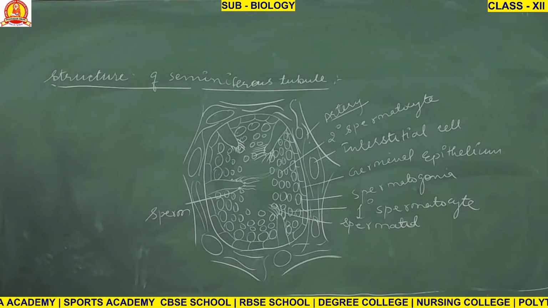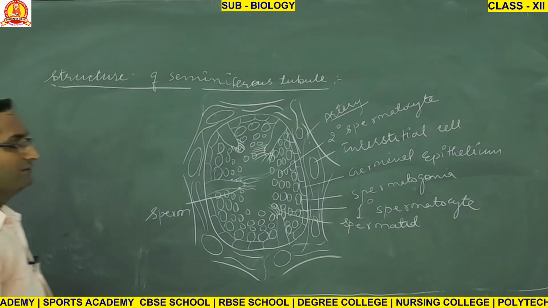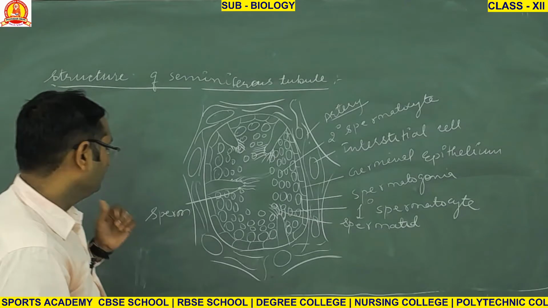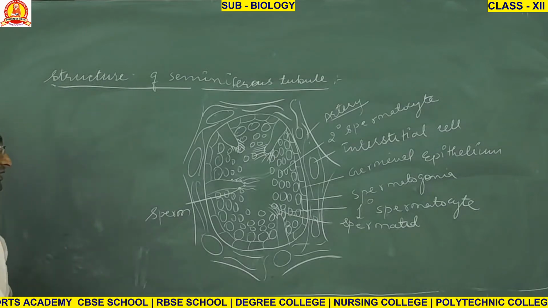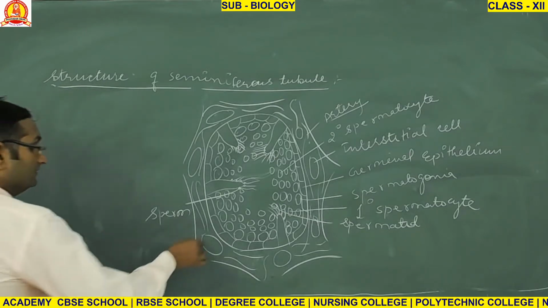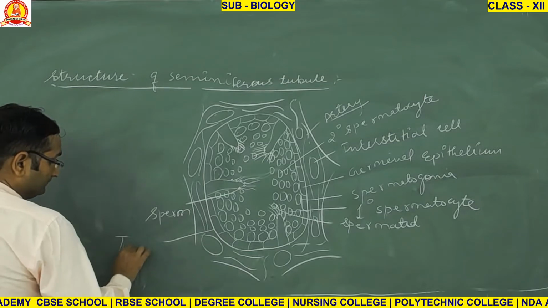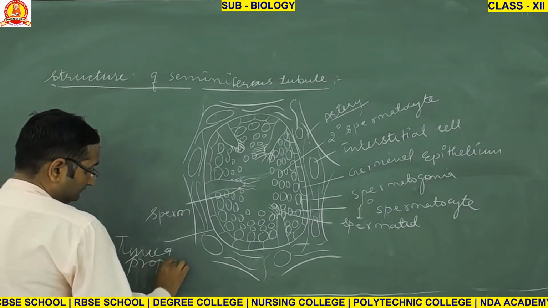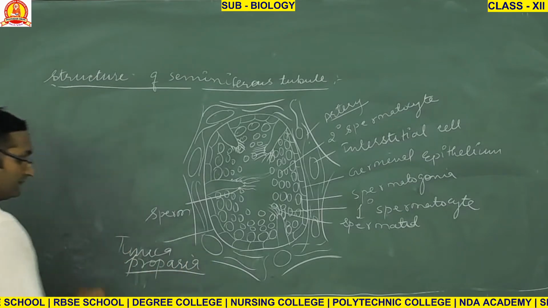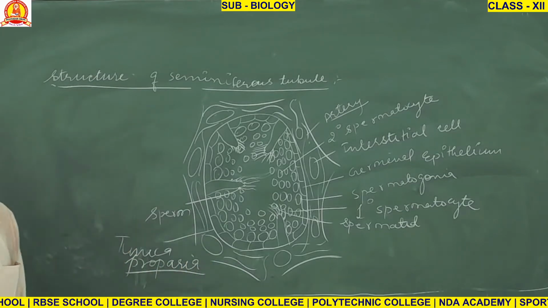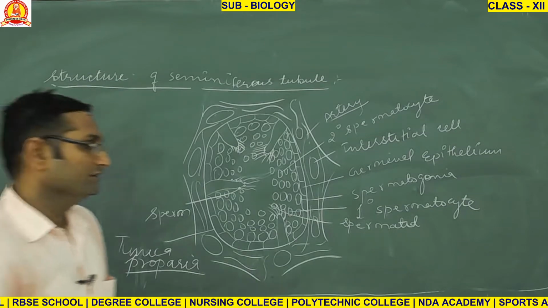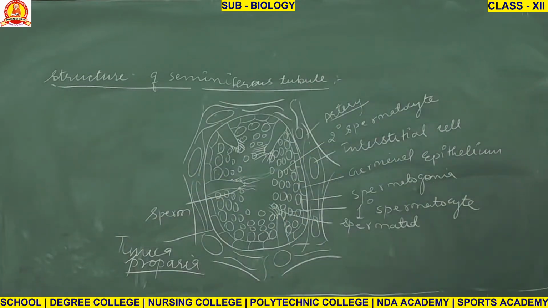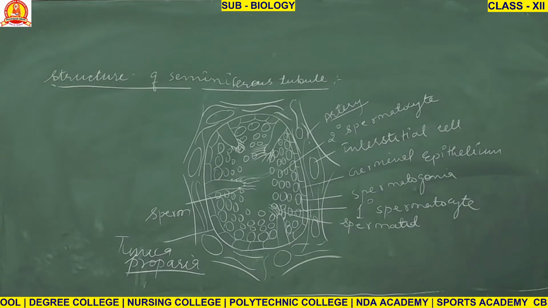Each seminiferous tubule is made up of two layers. The outermost layer is known as tunica propria and the innermost layer is known as germinal epithelium. In germinal epithelium there are two types of cells present.